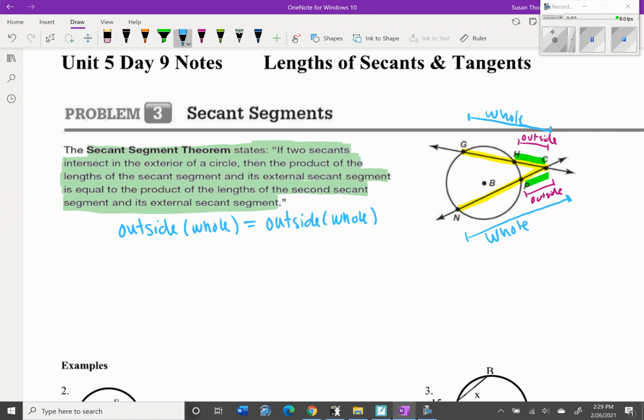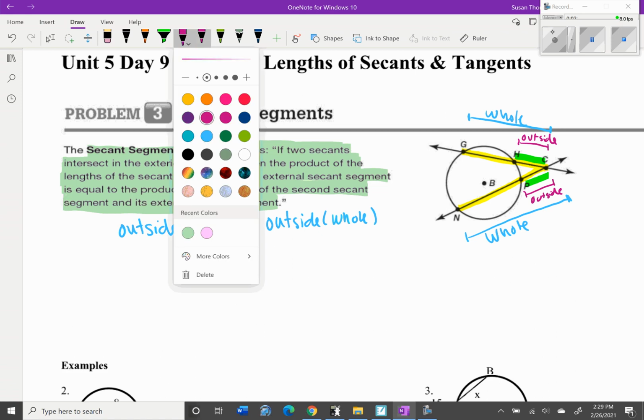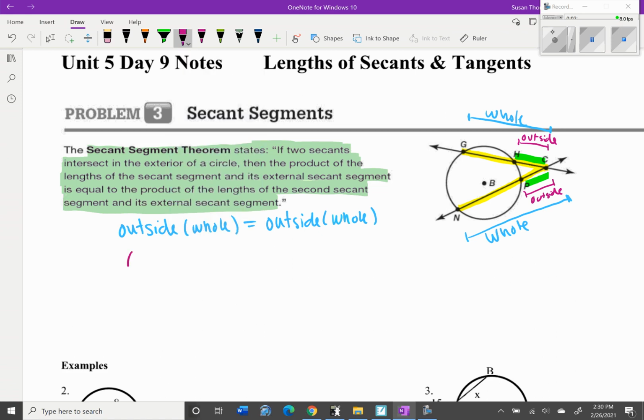That's how I like to look at it, because again, it says the product of the length of the secant segment, which was again the GC, times its external secant segment, which is HC. So GC times HC is equal to the product of the second one, which is NC times PC.